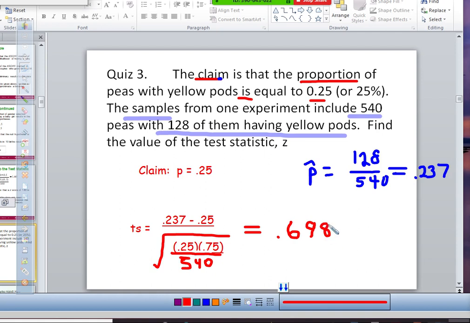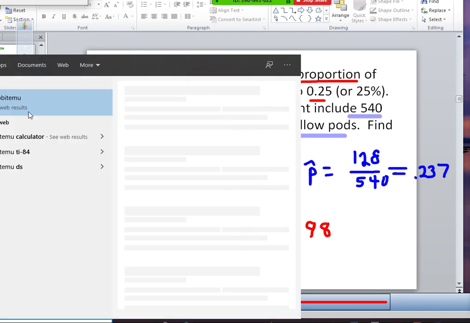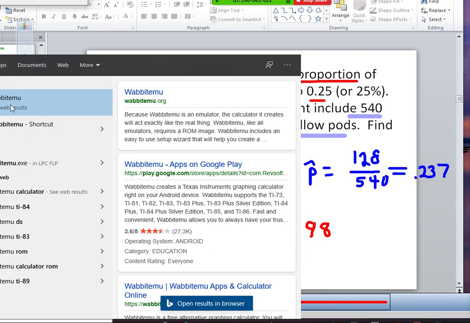So the easiest way to do this is to find your bottom first. So 0.25 times 0.75. Let's see if I can do that. Should it be negative?